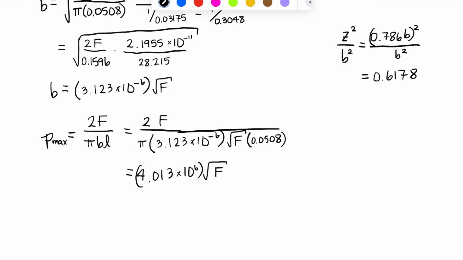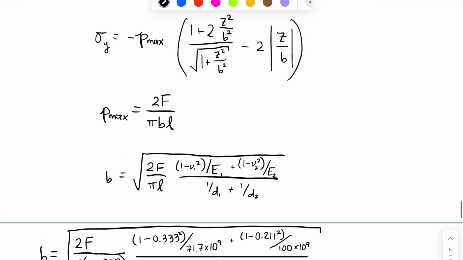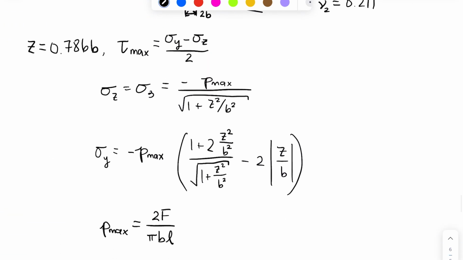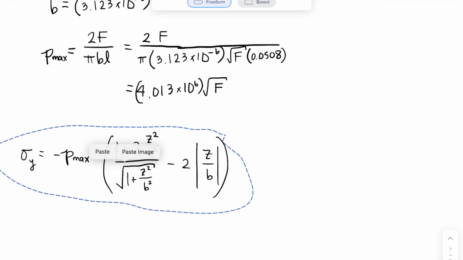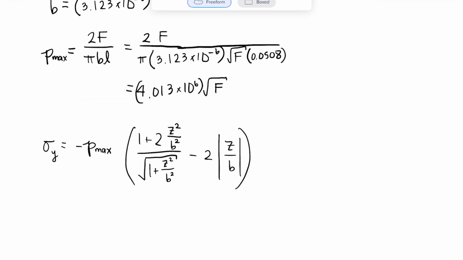And now let's start plugging in for our sigma y. So I'm going to copy this equation, put it down here. And let's start plugging.